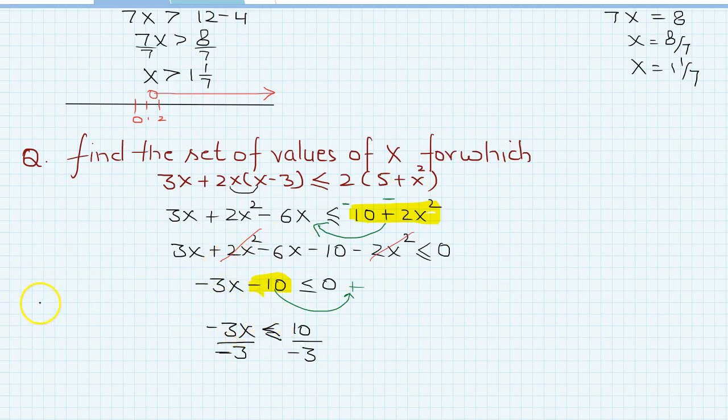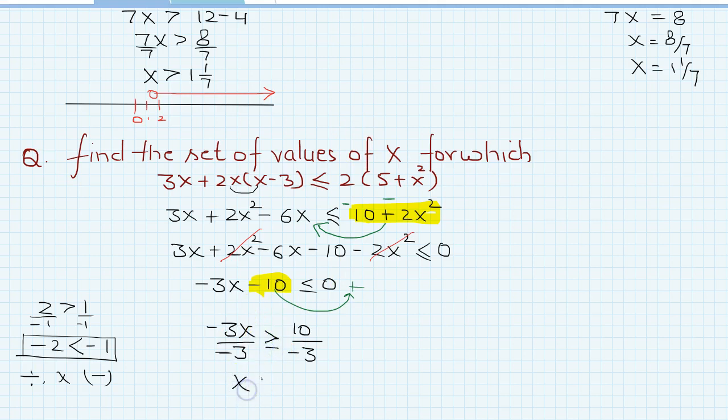For example, we know that 2 is greater than 1. If I divide it by negative 1, so minus 2 and minus 1. Now we know that minus 1 is greater than minus 2. The inequality changes when you divide or multiply by negative sign. So we have divided, so this inequality will change. So it will become greater than or equal to.